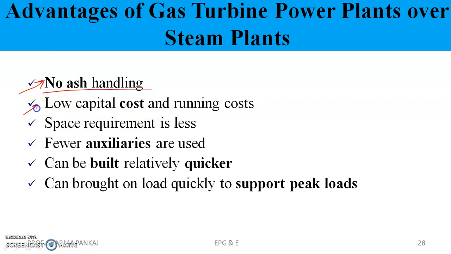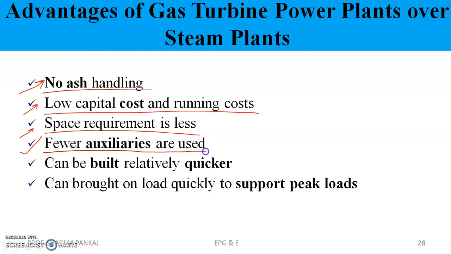The next point is low capital cost and running costs. The third one is that space requirement is less as compared to steam plants. This is an advantage. The next point is that fewer auxiliaries are used.